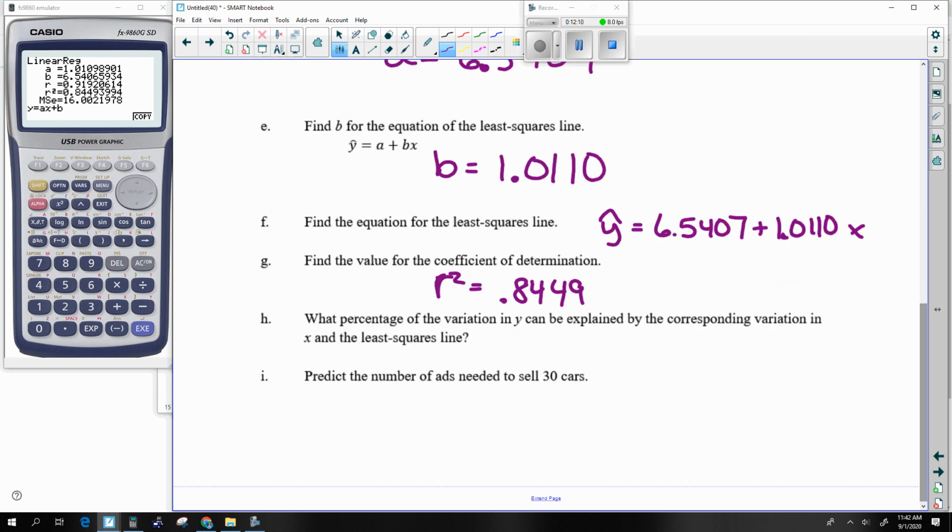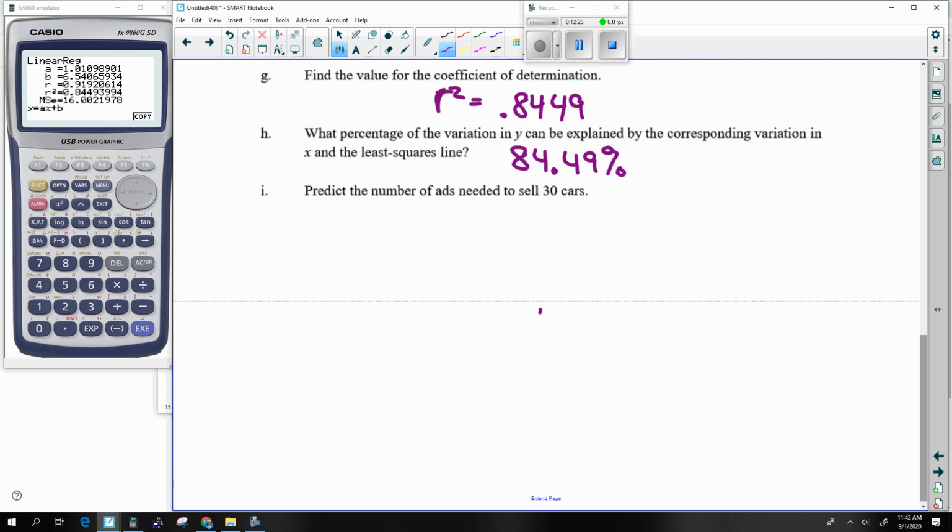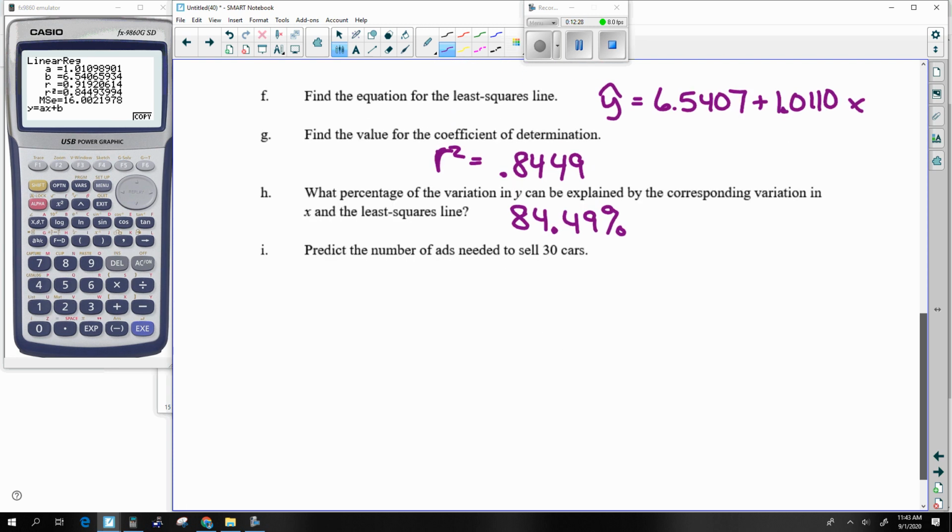Next question is, what percentage of y can be explained by variation of x, and that's 84.49%. The last problem, again, I need to go back and still take care of x bar and y bar, but I'll just kind of keep this momentum going here. I start with the formula that I have, so y hat is equal to 6.5407 plus 1.0110x. I need to define what the heck is y and what the heck is x.